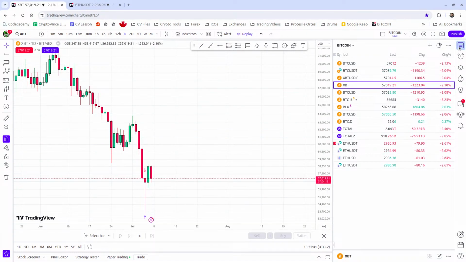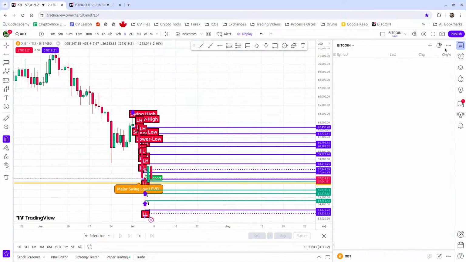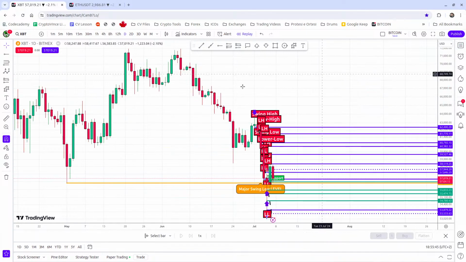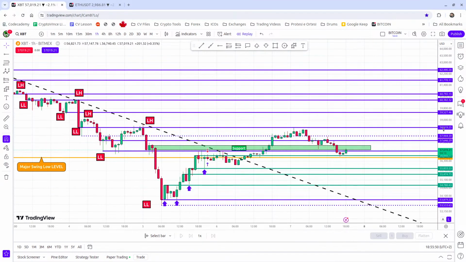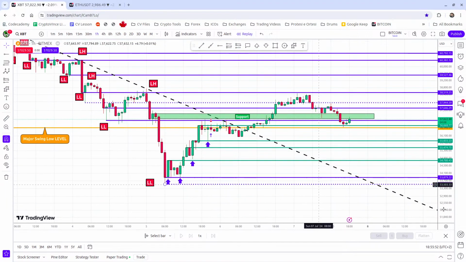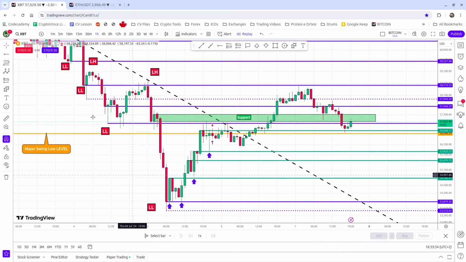I still have my drawings on this one. Okay, I try to make it as clear as possible. I just traced a level here of resistance. I traced the block, and the green lines are actually a bullish market structure, local at least, you know, high, low, higher high, higher low, higher high, higher low.